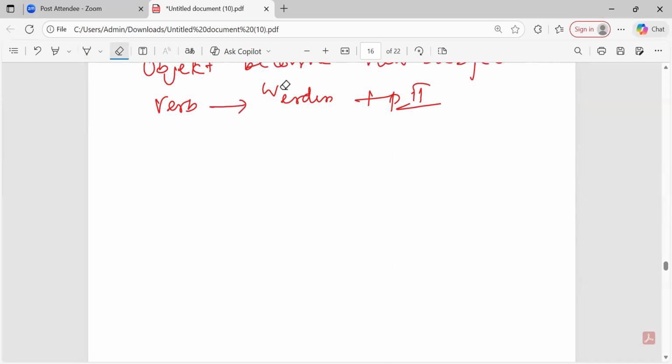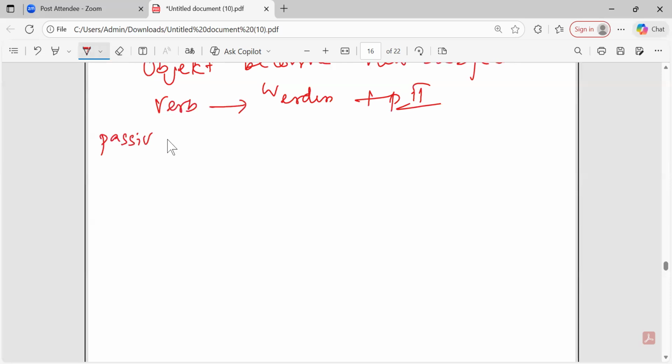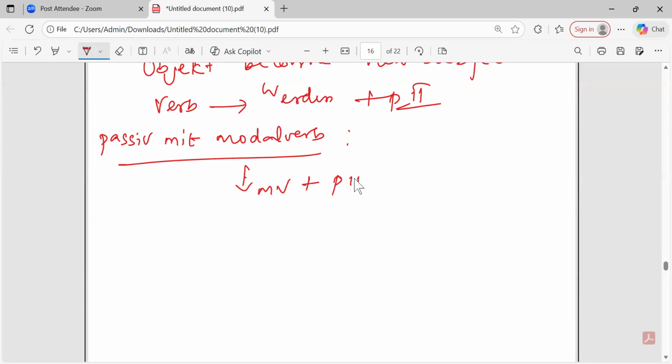Clear? Yes, ma'am. So if you are writing the passive with a modal verb, how do you write the modal verb? First you use the modal verb plus participle plus werden. This is the sentence structure.